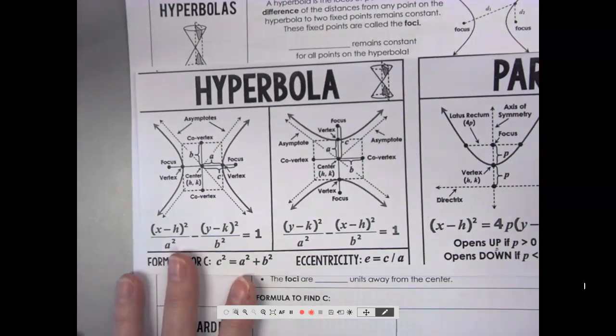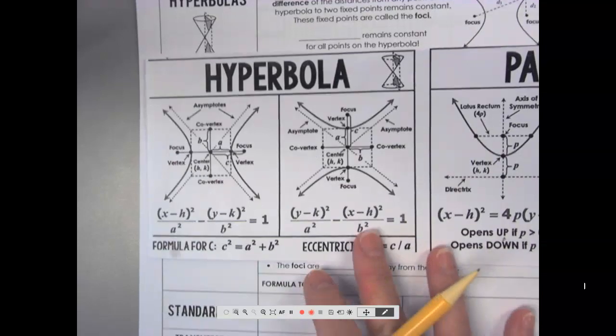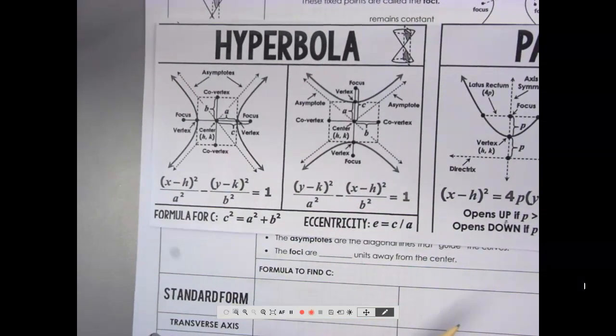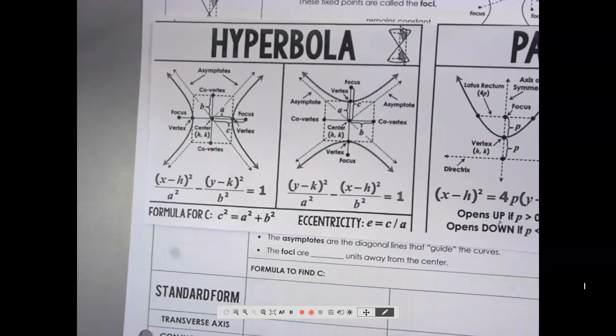So a hyperbola has two parts to it, and as you can tell just from this diagram here, they're pretty complex. Lots of different pieces to them that we'll talk about, but they're kind of fun to graph because of all those pieces.